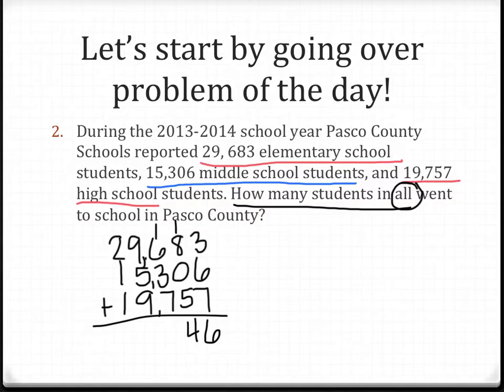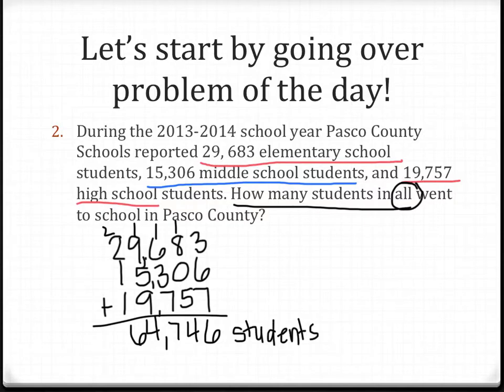I have 7 and 3 for 10 again, plus 6 is 16, and 1 more makes 17. 9 and 1 makes 10 again, and then I have 19, and 5 more from that is 24. 2 and 2 is 4, and then 5, 6, giving me 64,746 students.